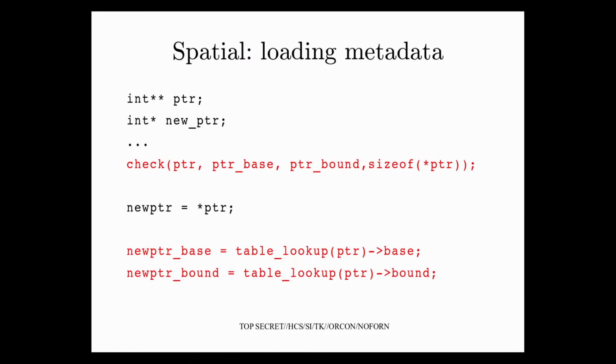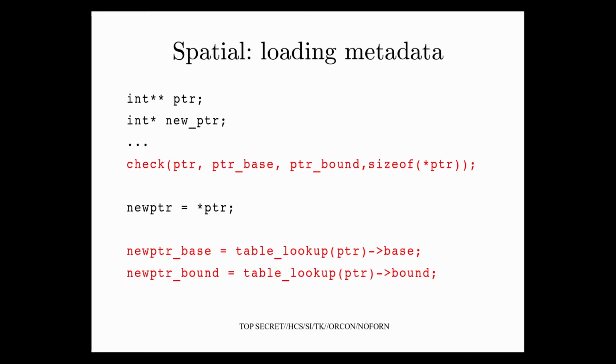We use the address of the pointer in memory. Notice the 2 stars up there. We're using the address of the pointer in memory as an index into our table to get the additional information. So instead of coupling something to the pointer value, we copy additional information to the variable location that we use to keep the base and bound around.